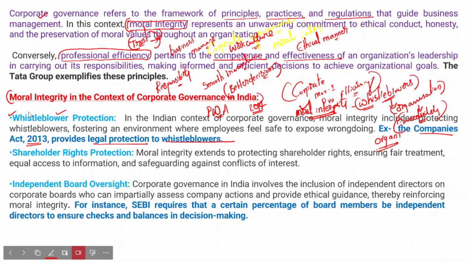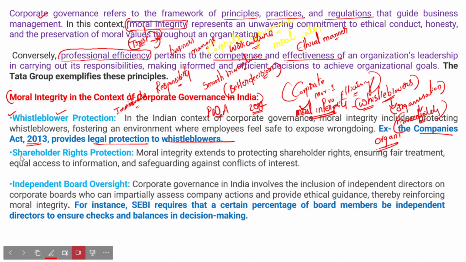When they report such corruption, it would be possible to take immediate action. We could take immediate action on such fraudulent practice. Therefore, whistleblower protection is very important for the overall efficiency of the company.